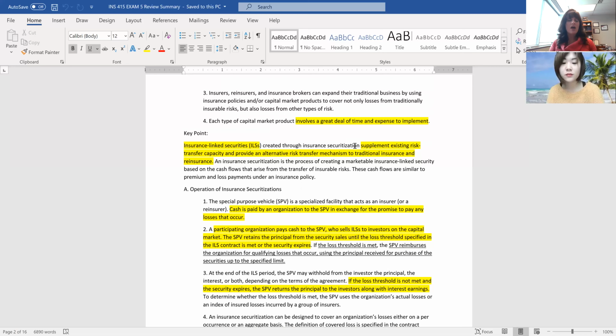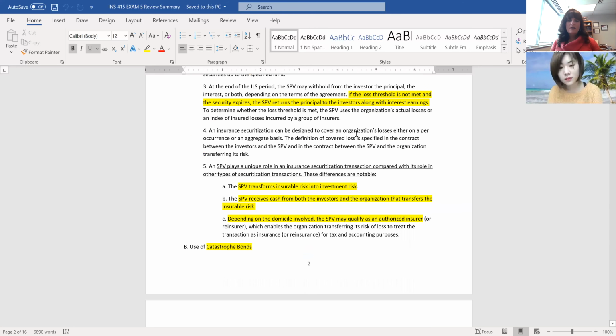And then when you actually have a loss, they pay you, and they might pay some money back to the investors. If the loss doesn't happen, then they're going to have to pay all that money, both principal and interest, back to the people who invested the capital. And they usually have arrangements where if you have a really bad catastrophe year, the people that took the risk by putting money in the market would actually lose some of that.